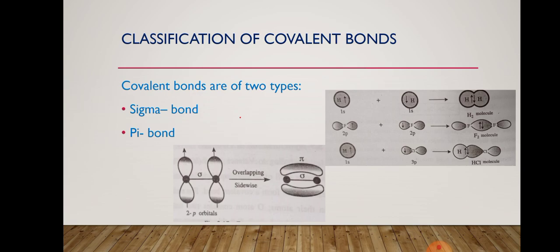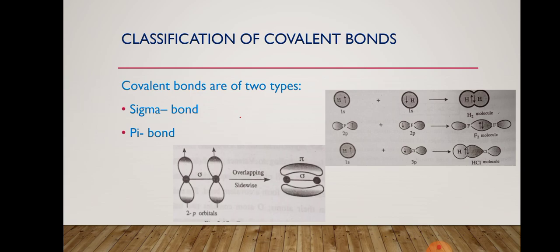Now I am going to discuss classification of covalent bond. Covalent bonds are of two types. Number one, sigma bond, and number two, pi bond.